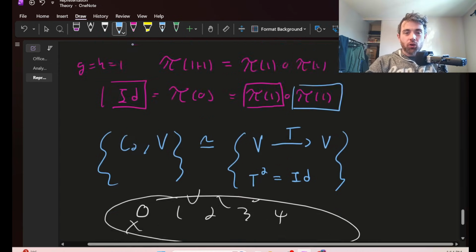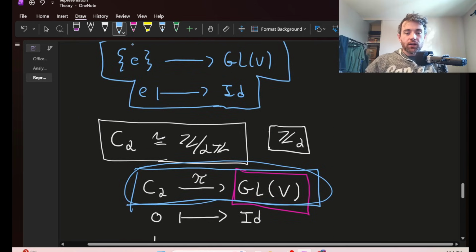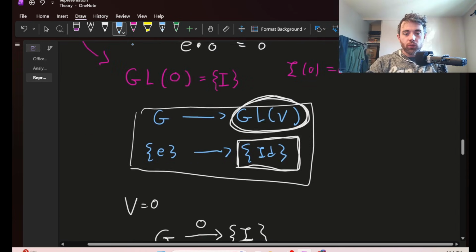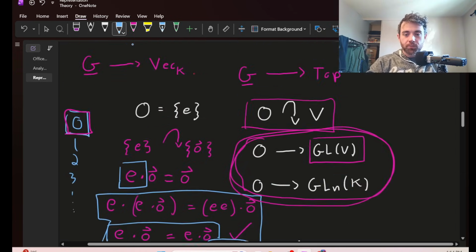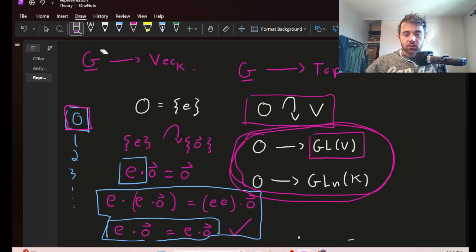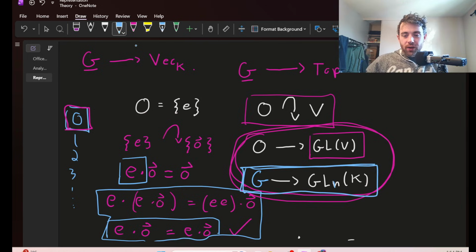Now we're going to appeal to one of our other definitions of what it means to be a representation. We have an equivalent definition where giving a representation is equivalent to defining a homomorphism from your group into n by n matrices over your field.